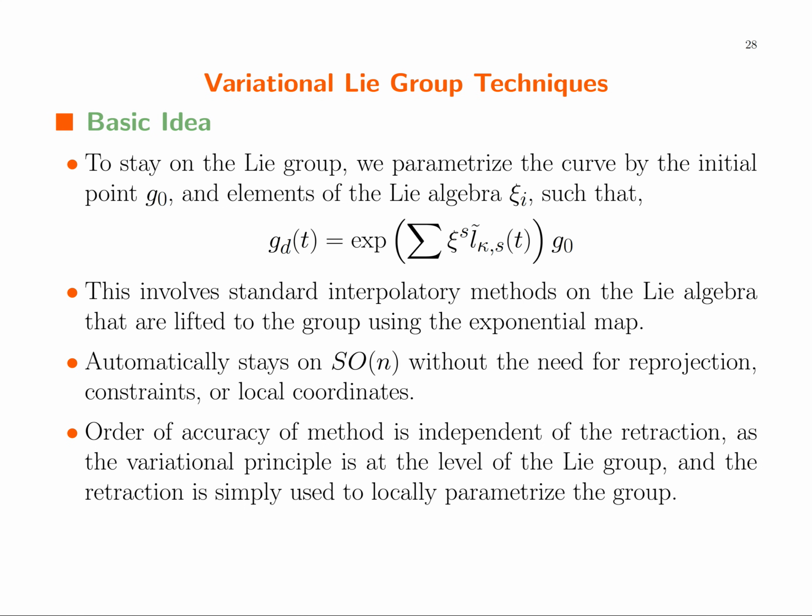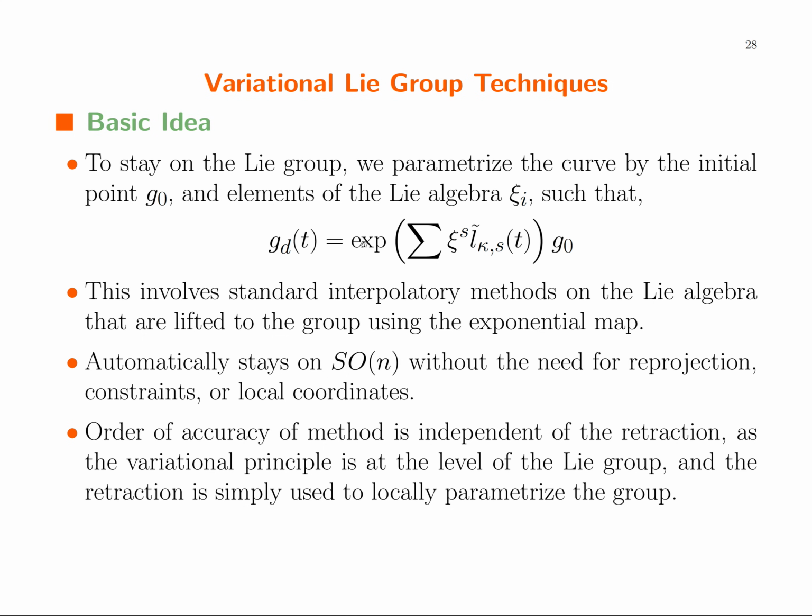If you add skew-symmetric matrices together, they stay skew-symmetric, okay? And one way to get from skew-symmetric matrices to rotation matrices is the matrix exponential. If you take the Taylor expansion for the exponential and interpret it in terms of matrices, this gives you a well-defined map, which will always map skew-symmetric matrices to rotation matrices.